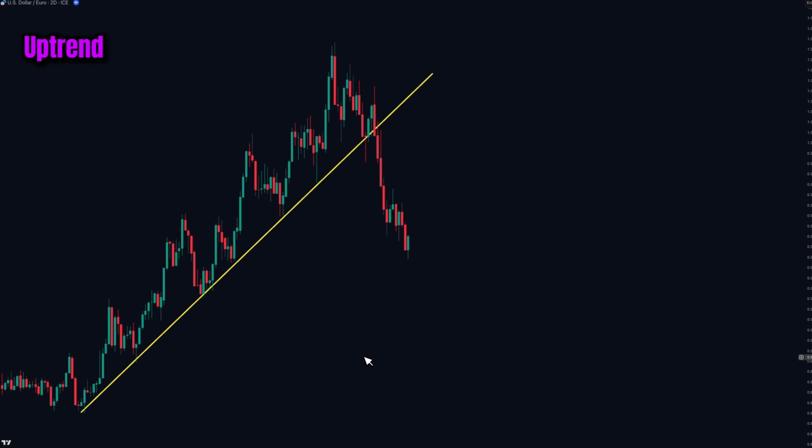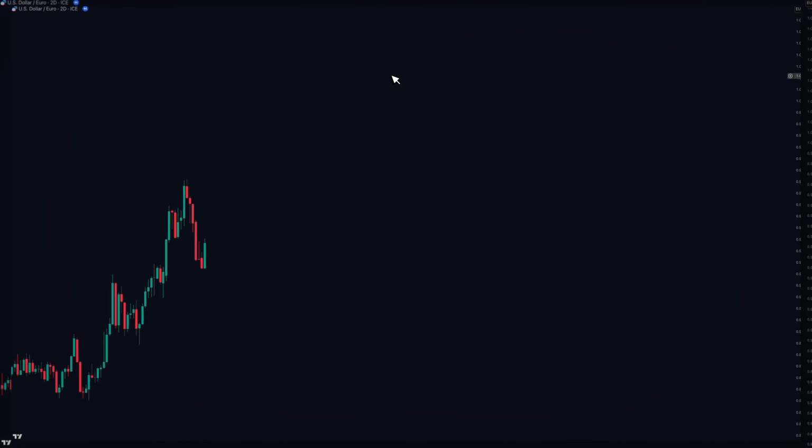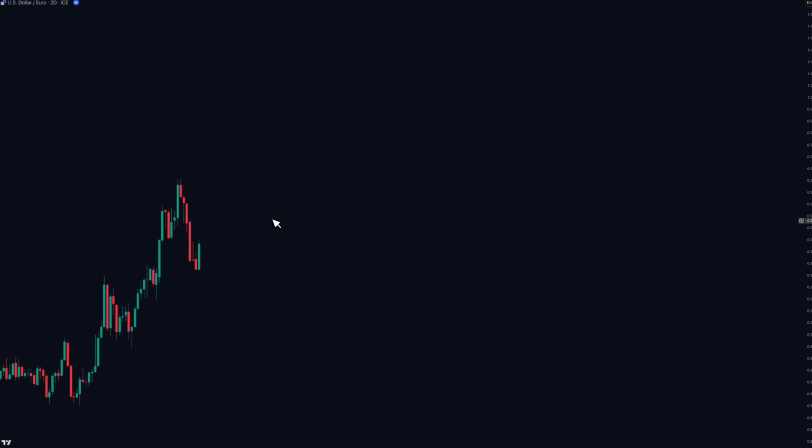But here's the thing, just because price breaks a trend line doesn't mean the trend has reversed. It's not a guaranteed signal. You still need extra confirmation, and I'll show you exactly how to get that in the next part. Now that you understand what trend lines are and why they matter, let's talk about how to draw them the right way so they actually improve your trading.